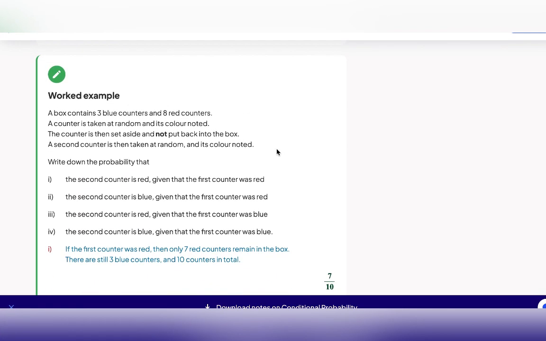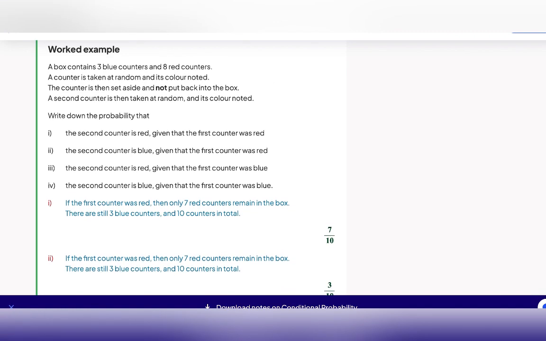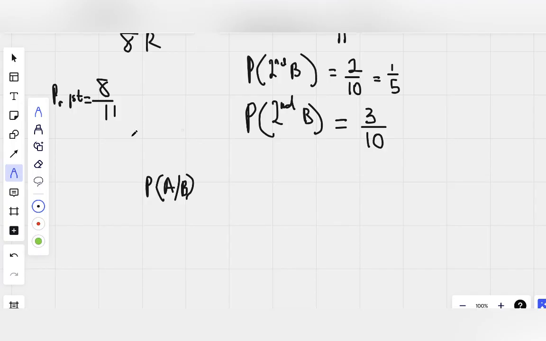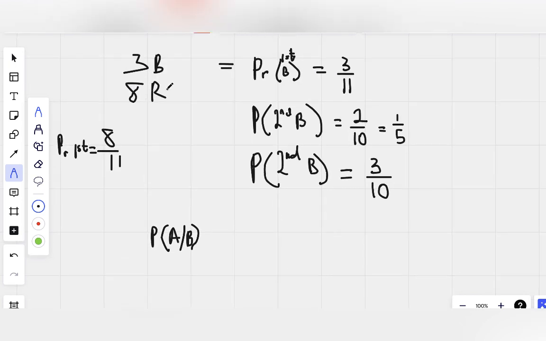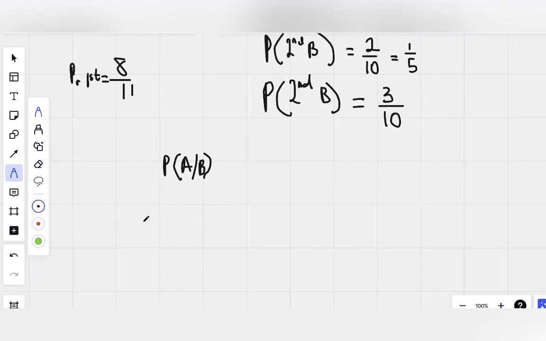First of all, we have 8 red counters and 3 blue counters. So the probability that the second counter, I'll use 2 for second, slash 1, given that the first one was red. So to represent this conditional case.